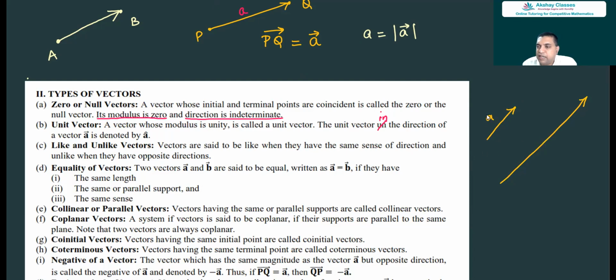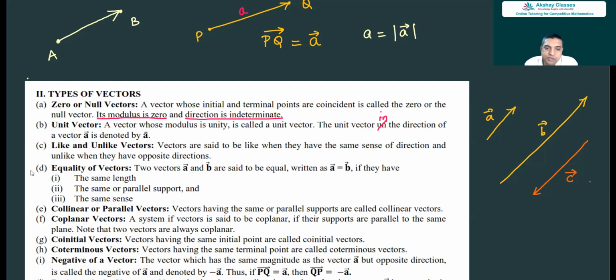So this is vector A and this is vector B. They are like vectors as long as they are parallel. They have the same sense of direction. And they are unlike vectors if the direction is opposite. So A and C are unlike vectors, B and C are unlike vectors, but A and B are like vectors.